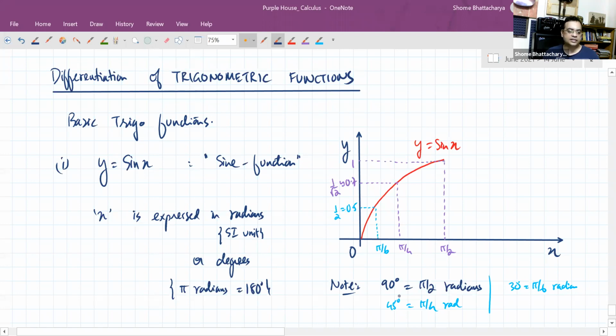So accordingly, 90 degrees is pi by 2, 45 degrees is pi by 4, 30 degrees is pi by 6. Another common value that all of you know is 60 degrees, which is pi by 3. So know that sine 60 is root 3 by 2.